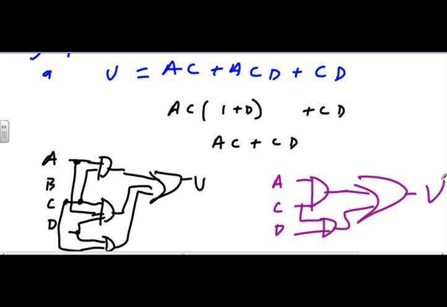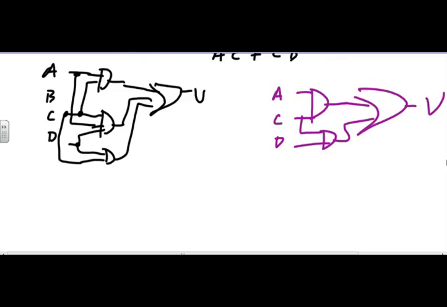And I'm going to look at the next one, B. W is B, C, D, C, C, D. So I'm going to simplify it again.